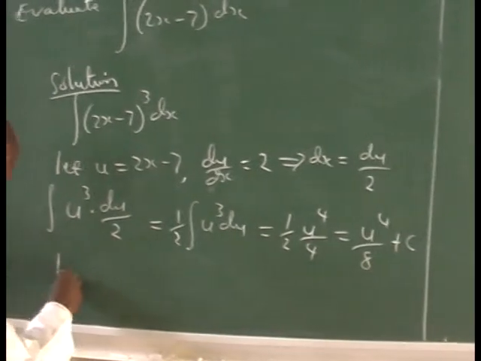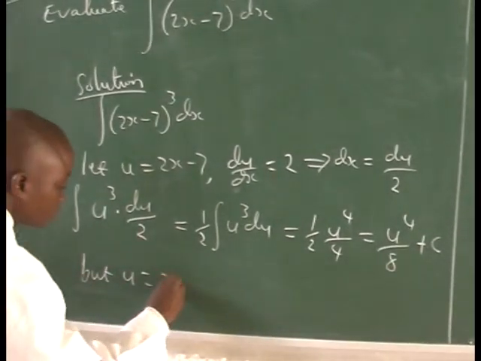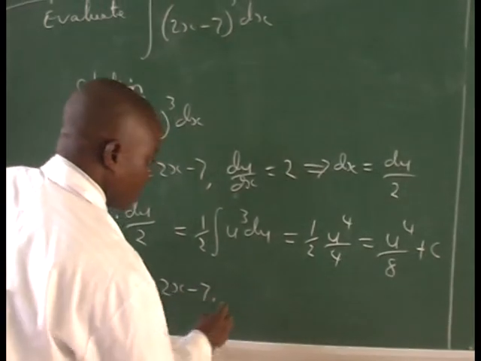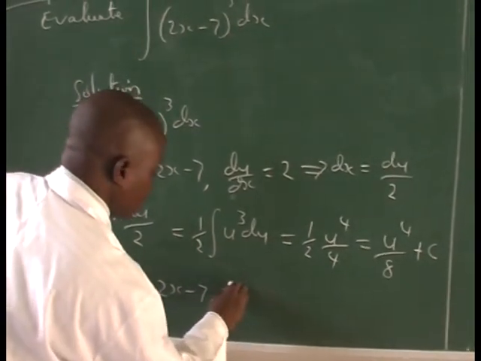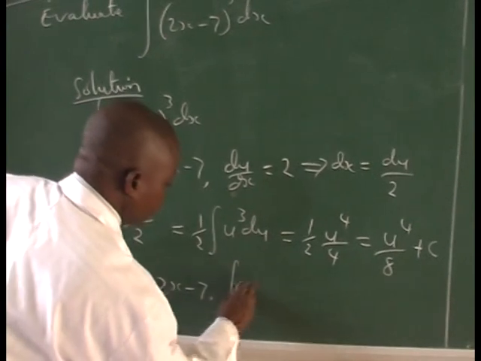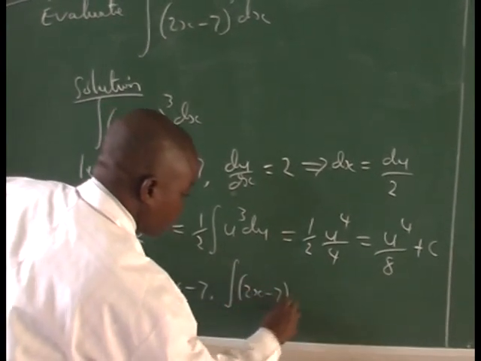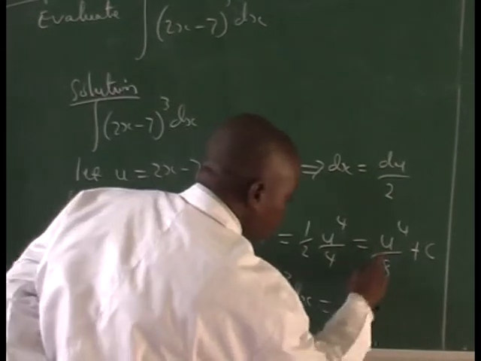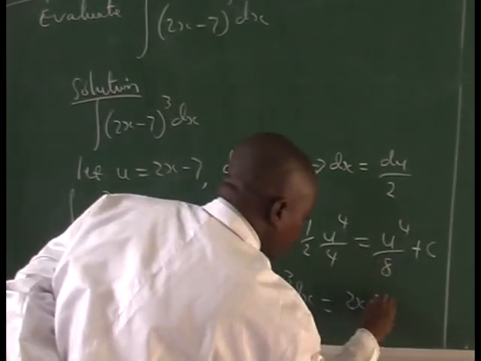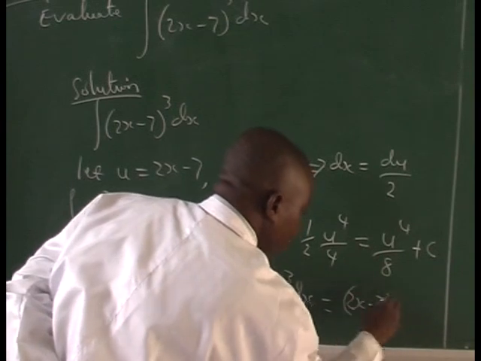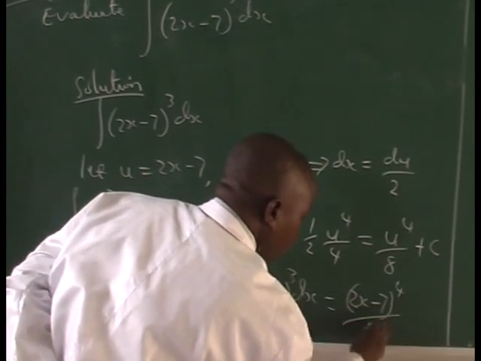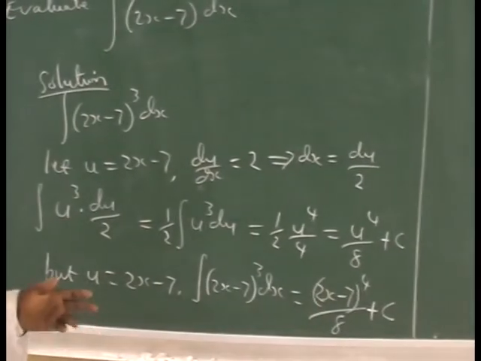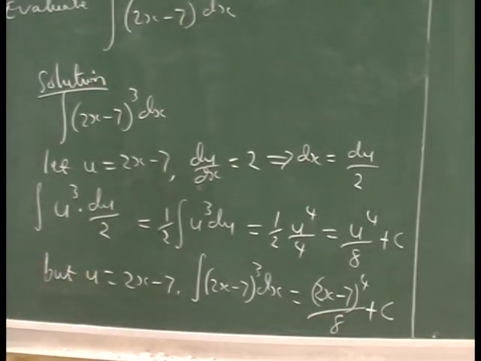But u is equal to 2x minus 7. So that means the integral of (2x minus 7) raised to the power 3 dx will be equal to (2x minus 7) raised to the power 4 over 8 plus c. That's how it works.